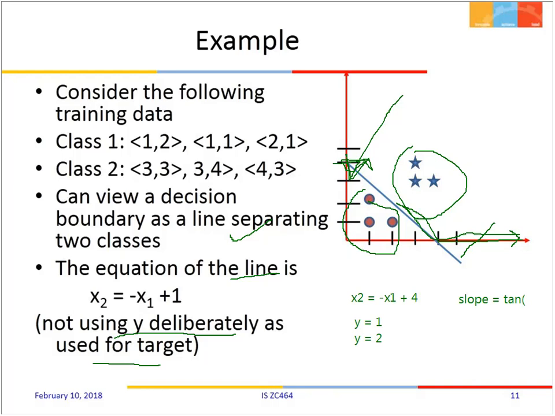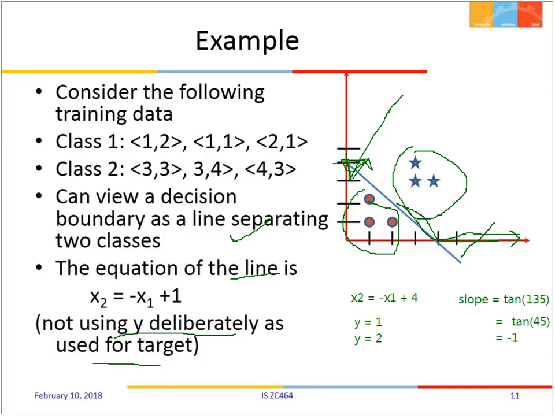You have already studied in high school that tan 135 is equal to minus tan 45, and minus tan 45 is minus 1. So now the slope m is equal to minus 1.